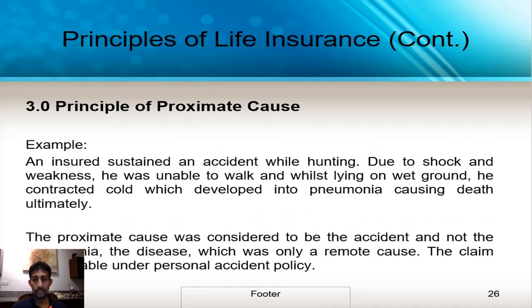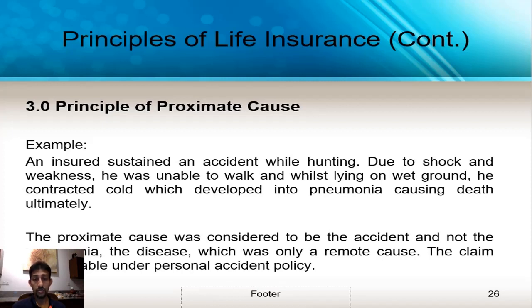To understand through an example, an insured sustained an accident while hunting. Due to shock and weakness, he was unable to walk, and whilst lying on the wet ground, he contracted cold, which developed into pneumonia, causing death ultimately.